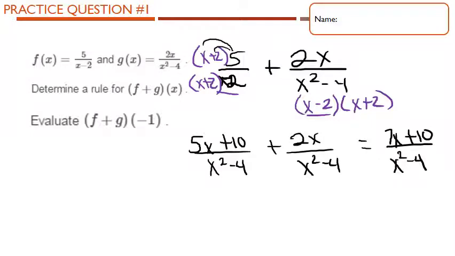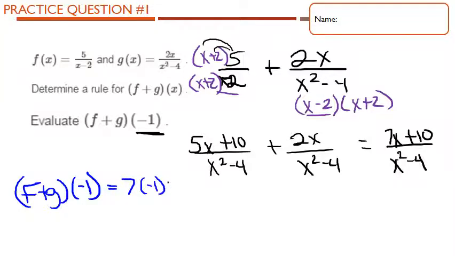All right, so now I need to plug in negative 1. So my f plus g of negative 1. We're going to replace my x's with negative 1. So 7 times negative 1 plus 10 all over negative 1 squared minus 4. So let's reduce this out.